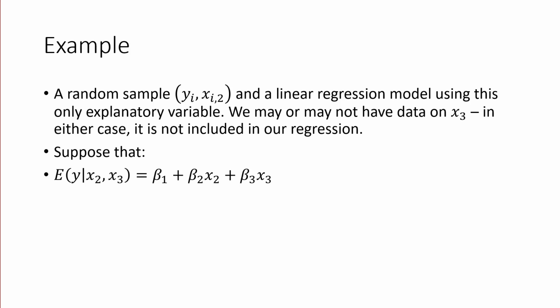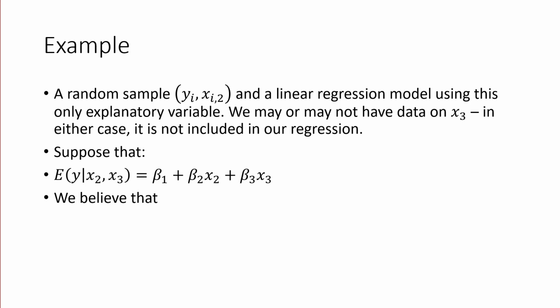For example, y could be the result on the final exam, x2 the number of hours that the student studies, and x3, well, perhaps it could be the number of hours that the student exercises. And the assumption here is that both these variables will affect the expected final result.